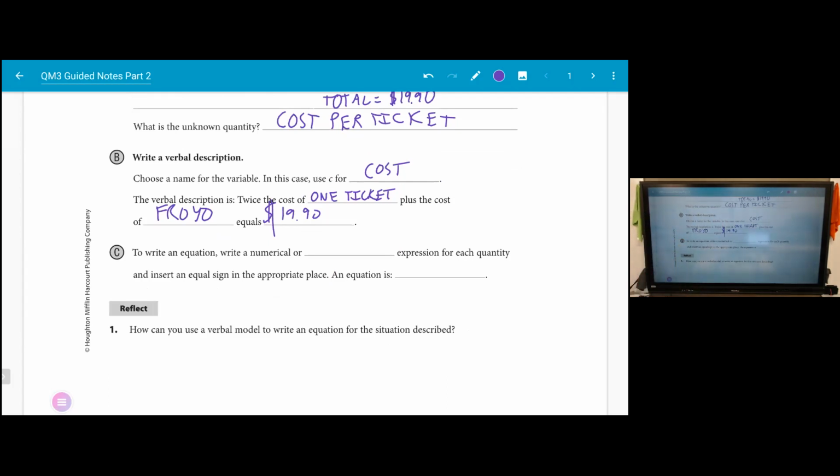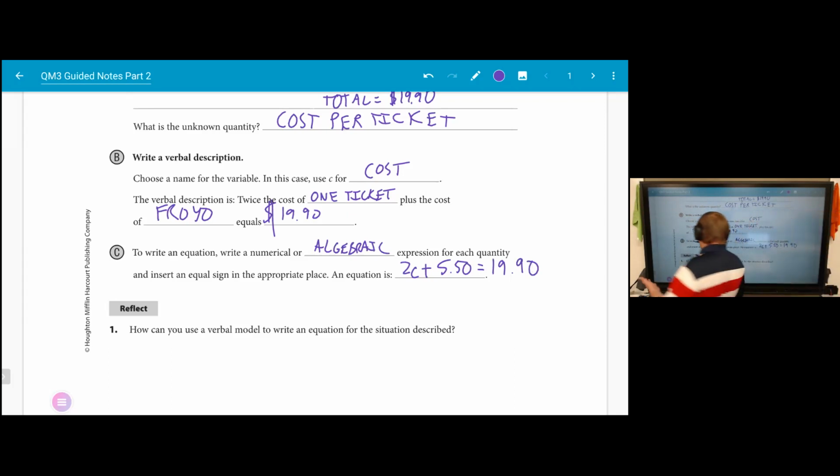So now what we can do is write an algebraic expression for the quantity, and then put an equal sign. We're going to make this equation: we've got 2 times the cost of a ticket, or 2C, plus the cost of the frozen yogurt, equals $19.90.